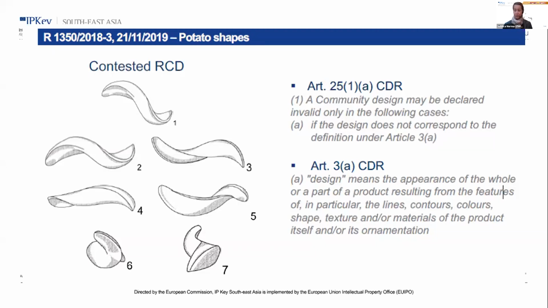So in case of designs, since I told you that mostly we do not examine prior to registering the design, the first instance decision is at invalidity stage. So the design is attacked by a third party, and we take a decision based on the arguments of the invalidity applicant and the arguments of the design proprietor.